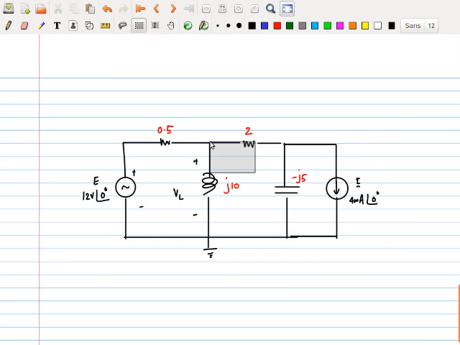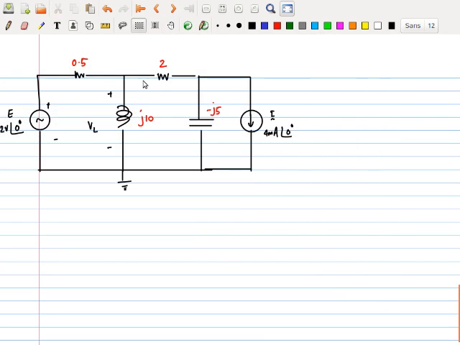Now, if I am asked to find the Thevenin equivalent circuit of this by taking that as the load, same thing.